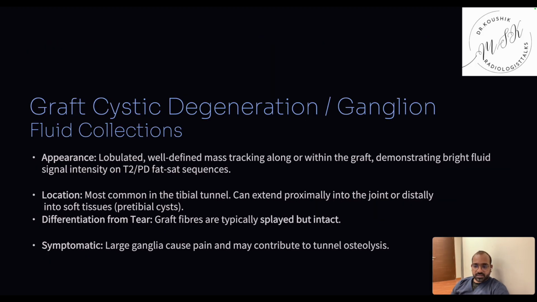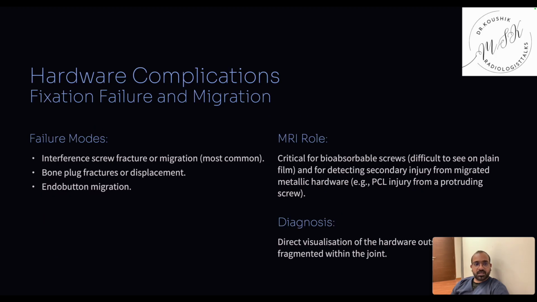Next, as we have seen previously, there is graft degeneration, like cystic degeneration or graft ganglion formation. Other hardware complications are interference screw fracture, migration, bone plug fracture or displacement, and endobutton migration. Usually, all these things can be detected on your plain radiograph or a CT. What is the role of MRI?